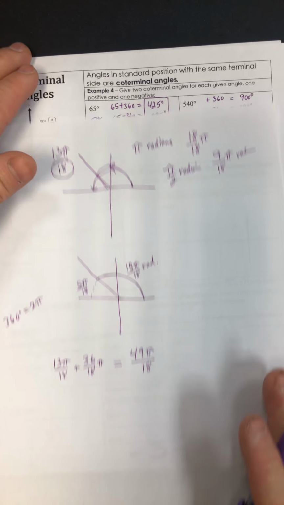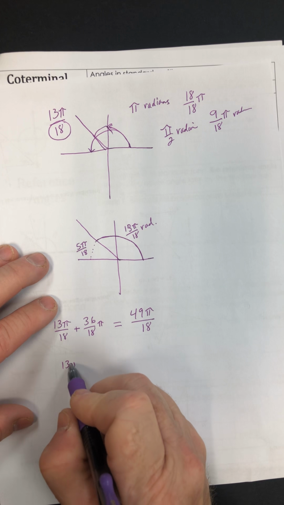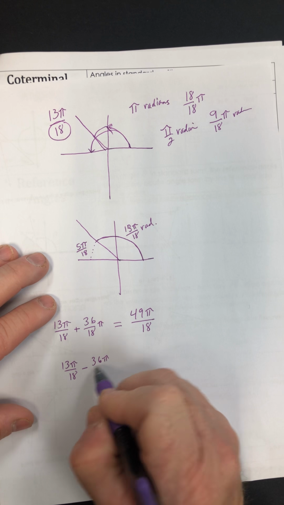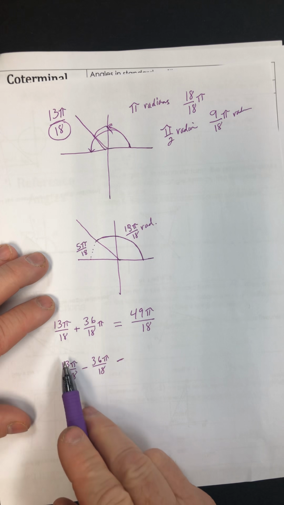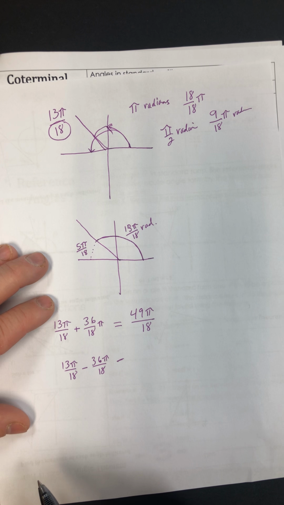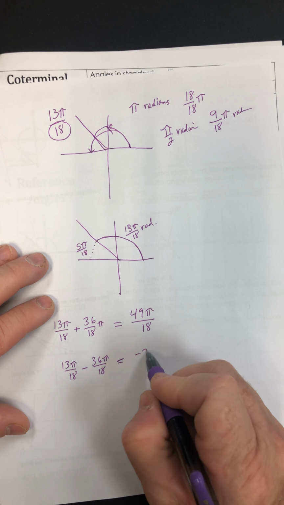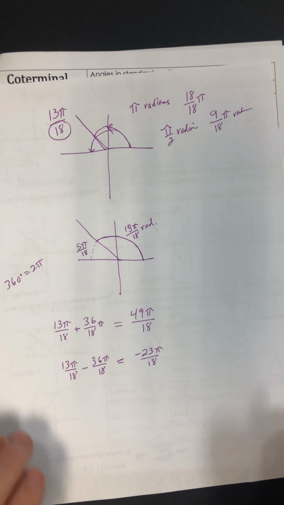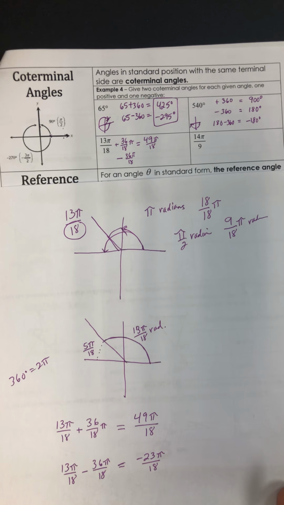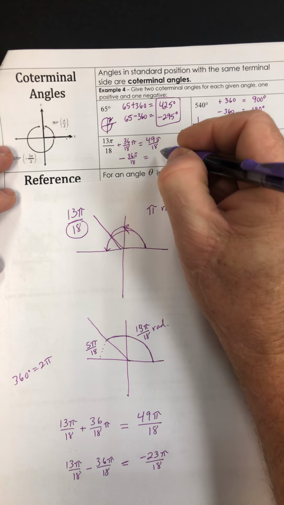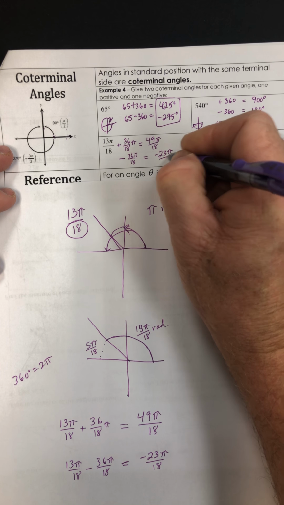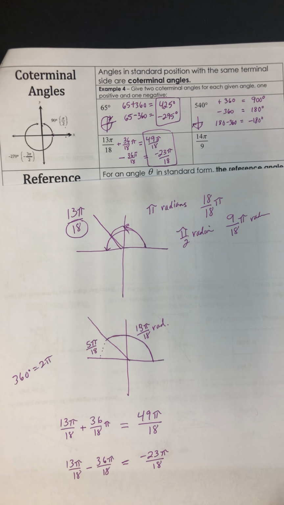So 13 pi/18 minus 36 pi/18. 13 minus 36, that's what, 23? So negative 23 pi/18 would be my other coterminal angle. And we keep it over 18 because it's fractions, right? We don't change the denominator.